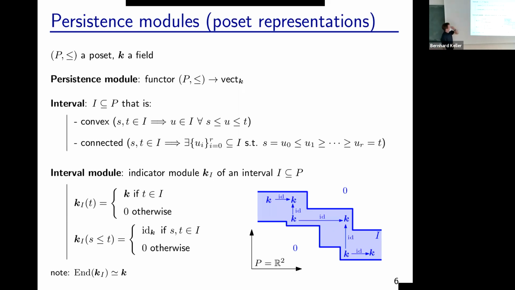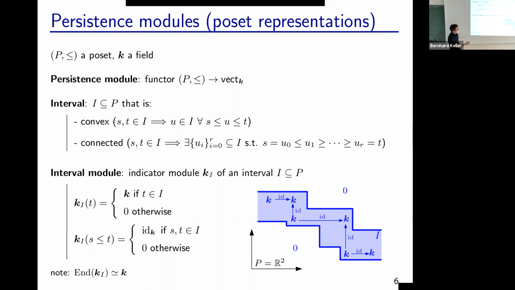Among all these functors, some will be of particular interest. We call them the interval modules. These are indicator modules of intervals. An interval in the poset is defined as a convex connected subset.